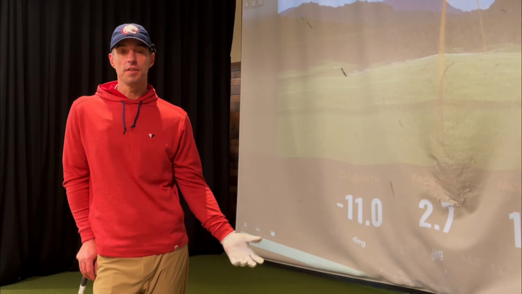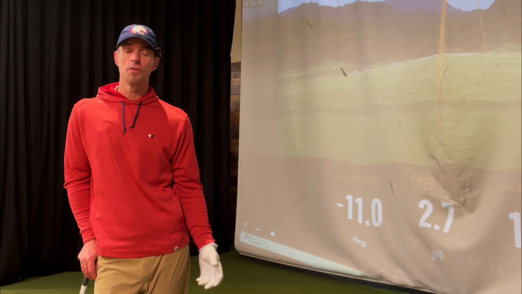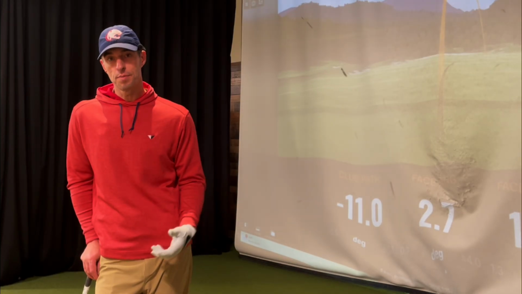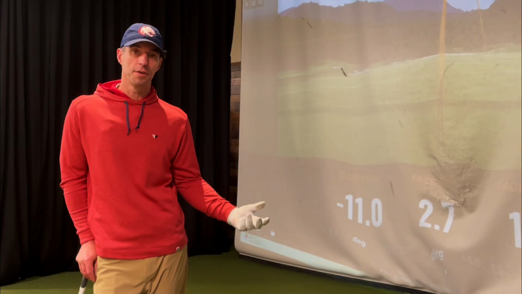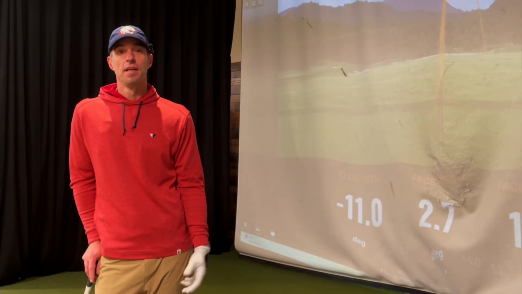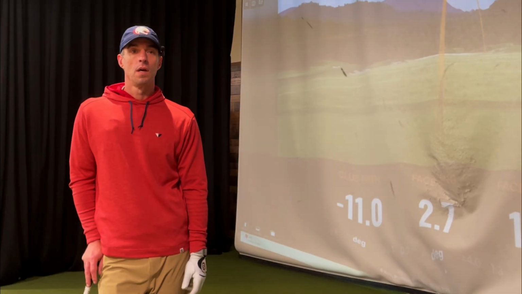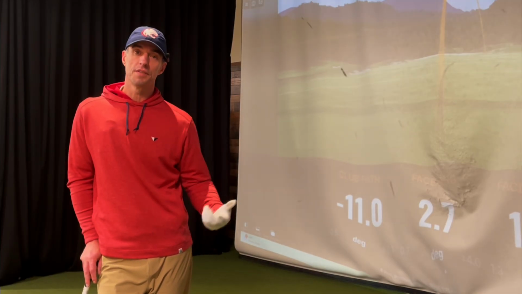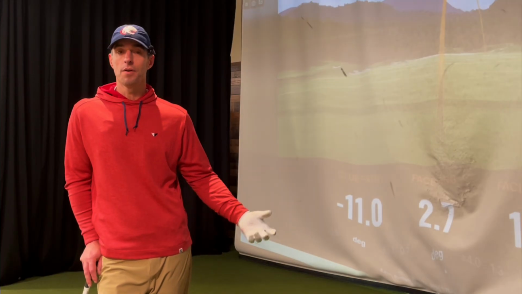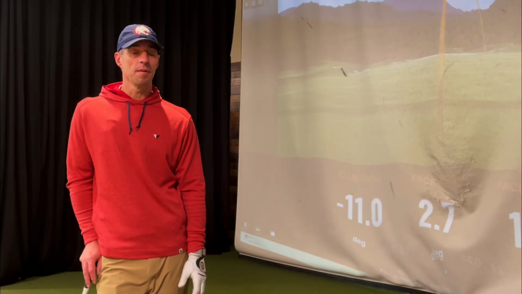So we can essentially have a chicken or the egg conversation all day long about, is the club path the problem? Is the club face the problem? Which one should we address first? The fact is, one of them has to get addressed for anything to change. I tend to always address the club path first with players that I'm coaching. I know a lot of good coaches that start with the club face.